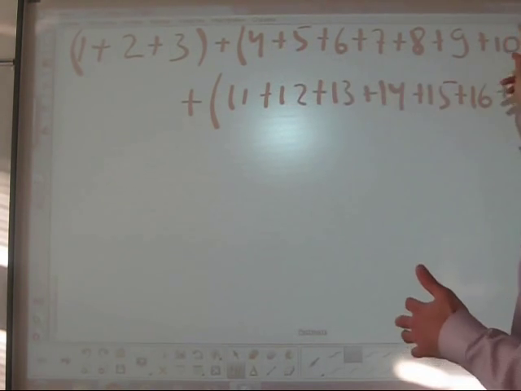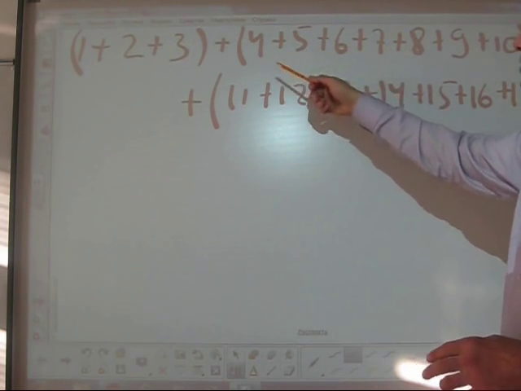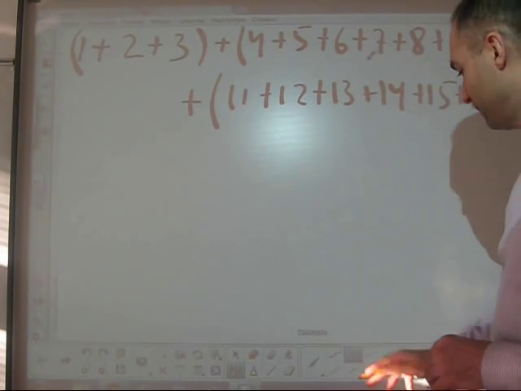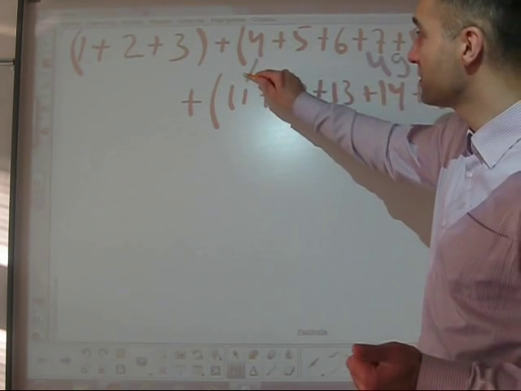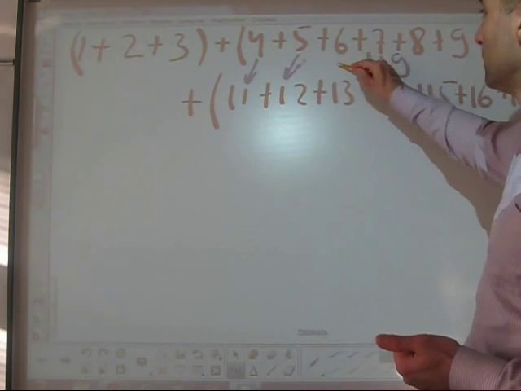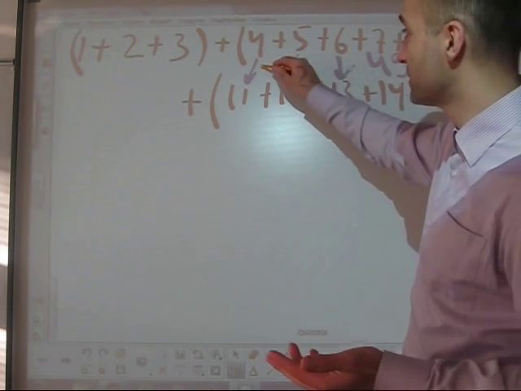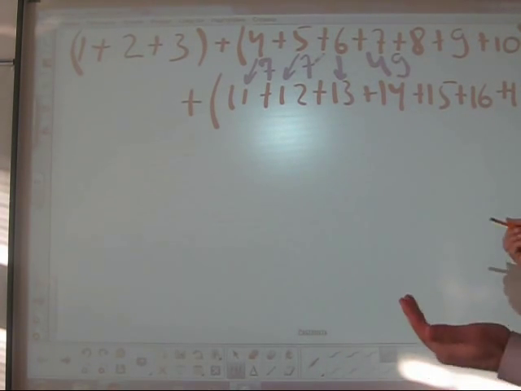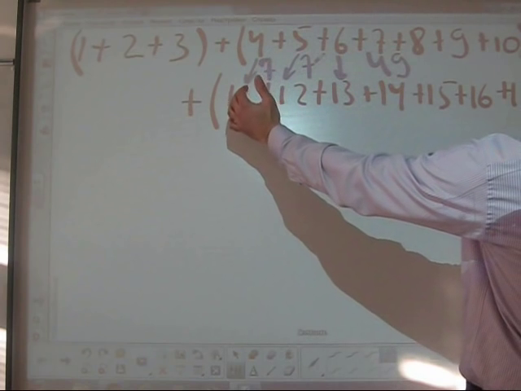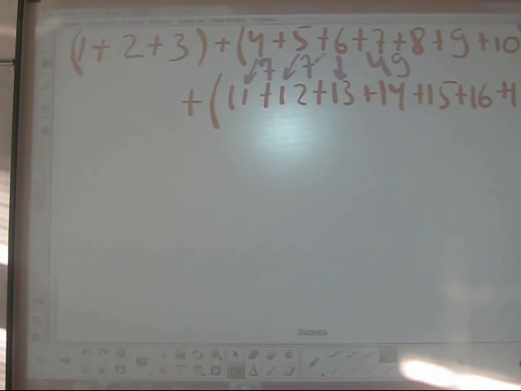So let's add all these numbers. 10, 30, 49. It's 49 here, and obviously every number grows when we go from the first group to the second, and the difference is 7, and there are 7 numbers in every group, so the difference between every group and its closest neighbor is 49.